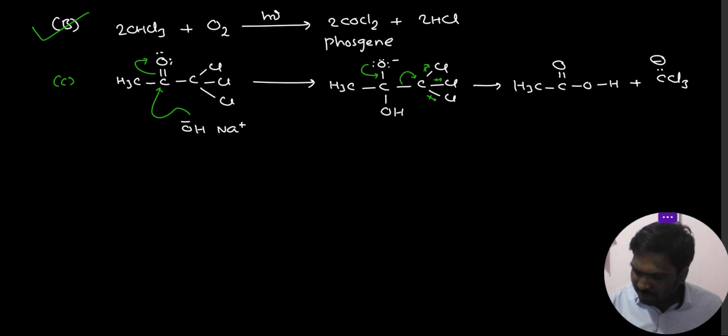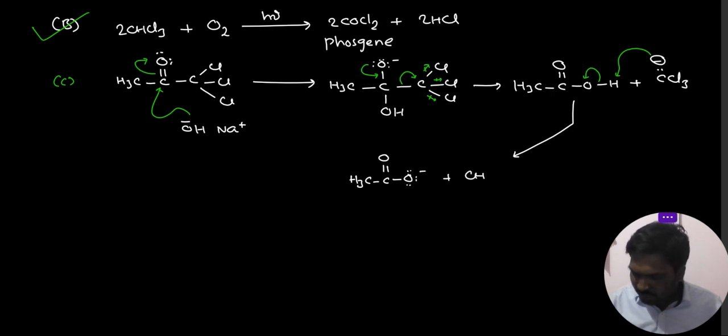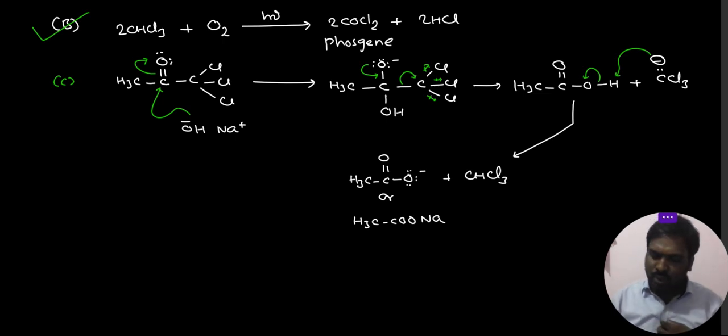This CCl3 minus takes H plus from it, and we get sodium acetate, CH3COONa, plus chloroform.